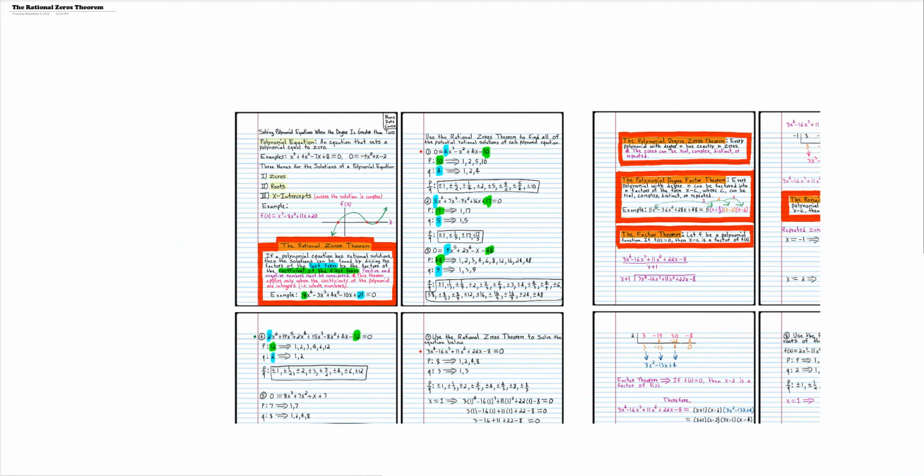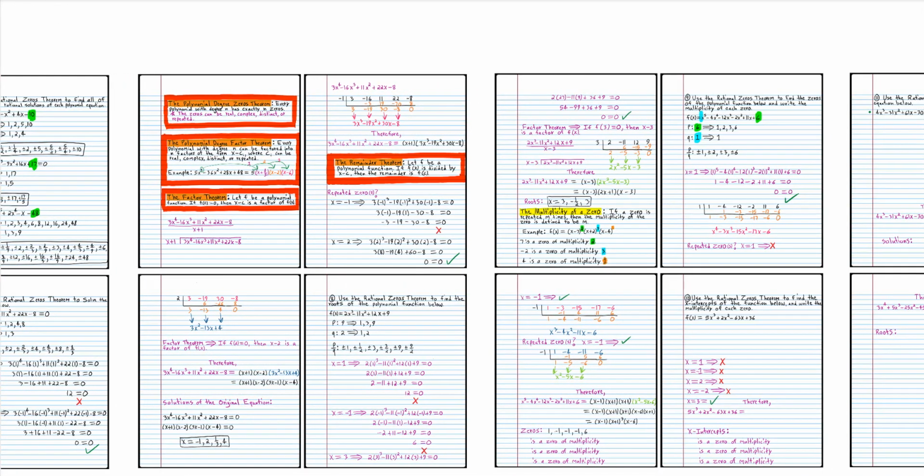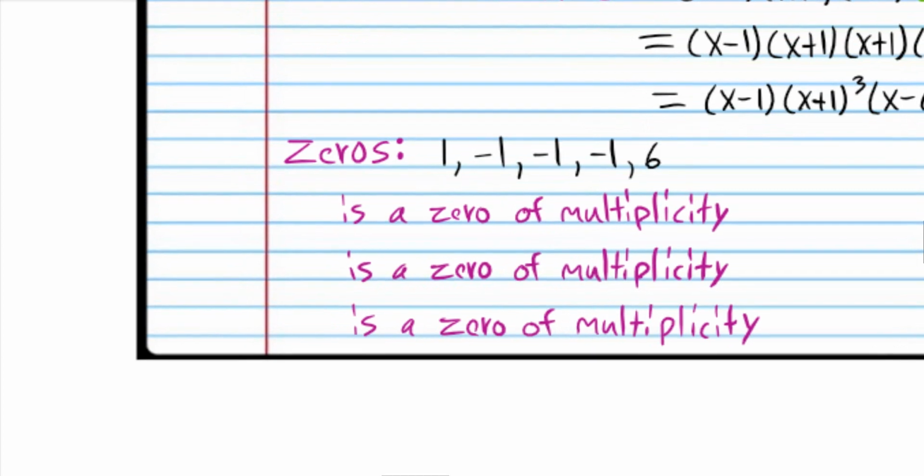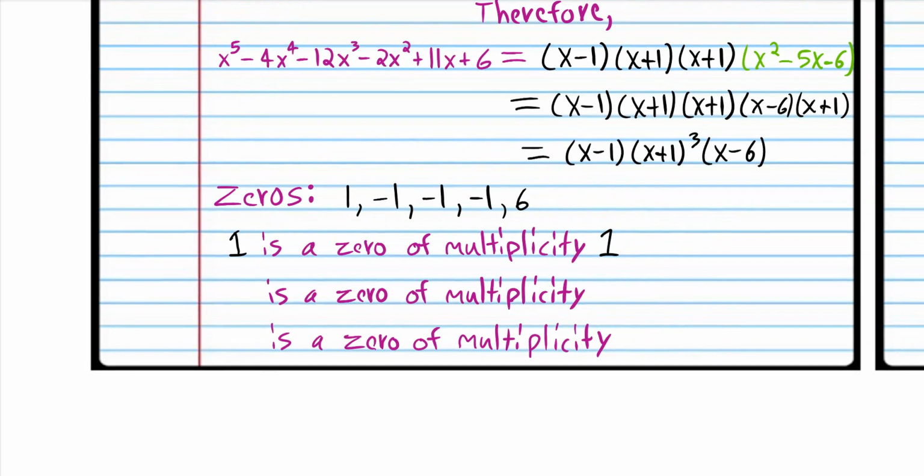So what this means is that we need to find the multiplicity of each zero. 1 is a zero of multiplicity 1, and negative 1 is a zero of multiplicity 3, and 6 is a zero of multiplicity 1 again.